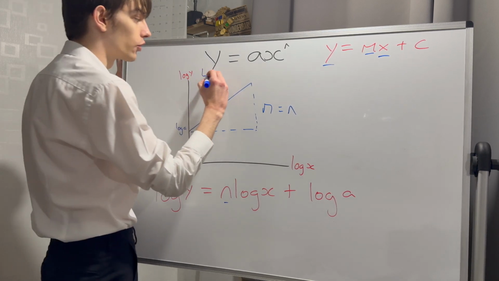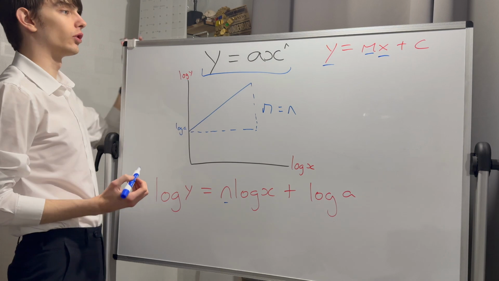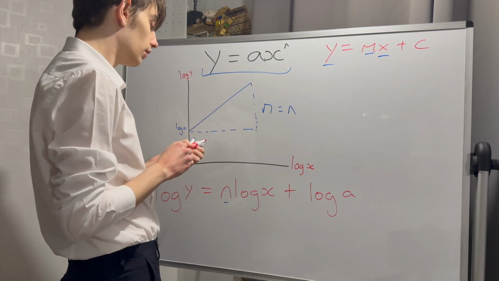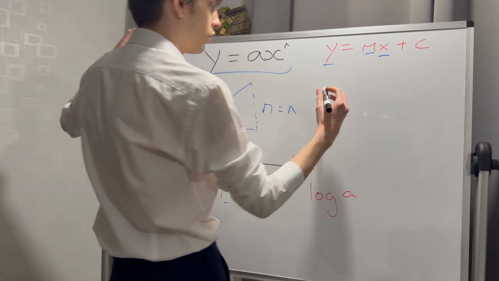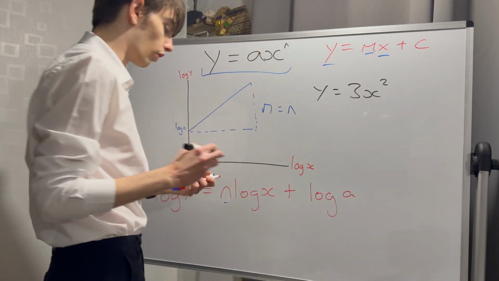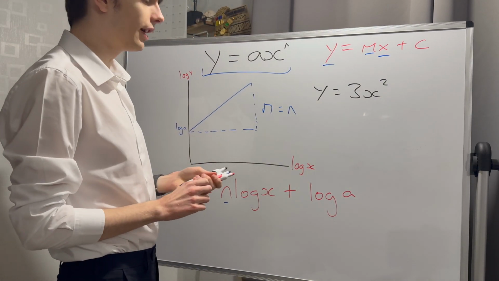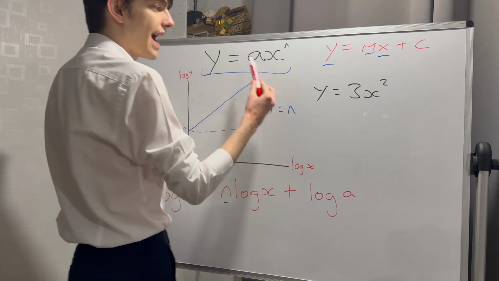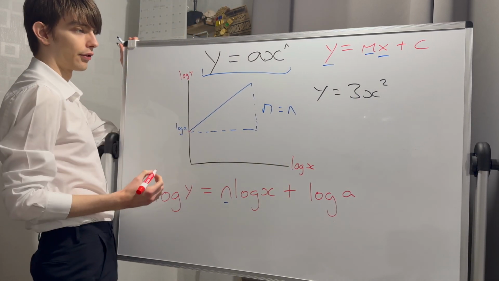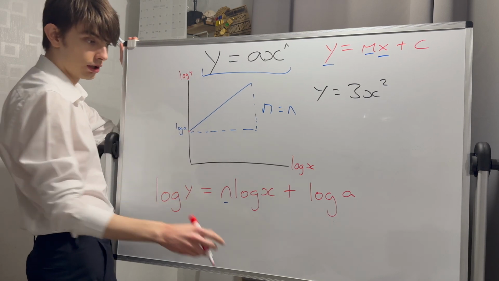So given this equation, if I were to translate this onto a graph, a quick example, I'm not going to sketch the details of it, but if I had y equals 3x squared as a graph, you probably know what that looks like. Well, my a is 3, so I can expect it to hit my y-axis at log of 3, sorry, log a.